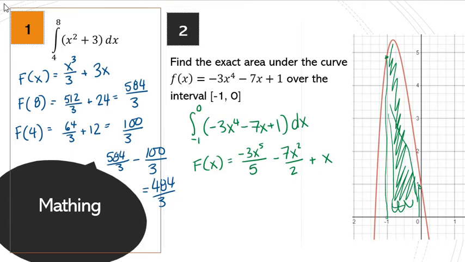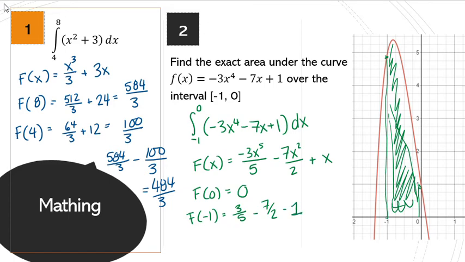Okay, so first things first, the upper bound is 0. Well, it's nice. All of these are going to have a 0 in them, so f of 0 will be 0. The lower bound, f of -1, is going to be equal to positive 3/5, watch your signs, minus 7 over 2, minus 1, and maybe for this one I'll work in decimals.